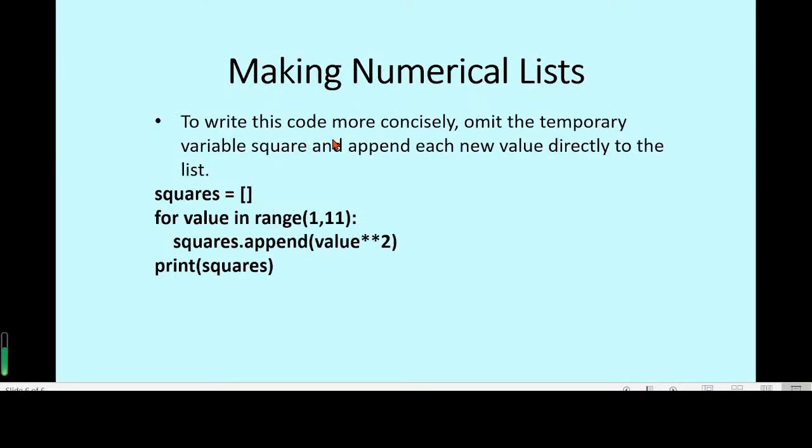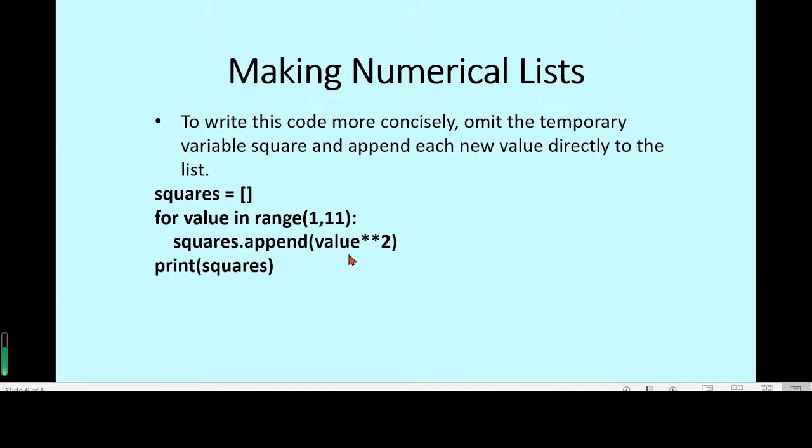And to write this code more concisely, you can omit the temporary variable square and append each new value directly to the list. So we can also start with a squares list, an empty list, then write a for loop with only one statement. So for value in range 1 to 11, we calculate the square of this value, then directly append it to this squares list.